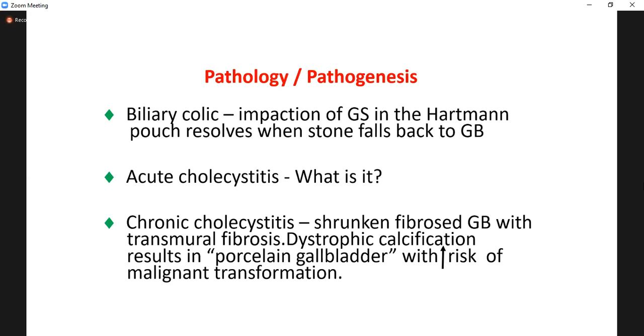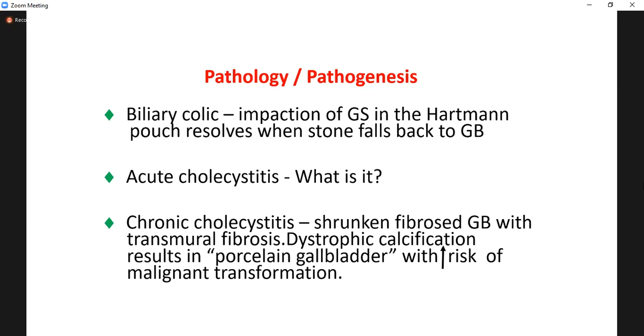You should know where the Hartmann's pouch is. It gets stuck in the Hartmann's pouch, but after some time it spontaneously falls back into the gallbladder, so the pain is relieved. When the obstruction is relieved, the pain is relieved. So there's impaction in the Hartmann's pouch and it resolves when the stone falls back to the gallbladder.